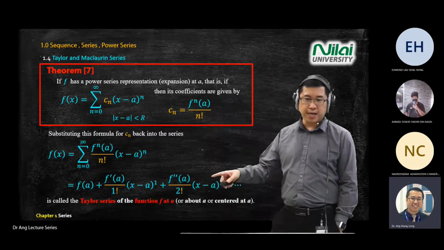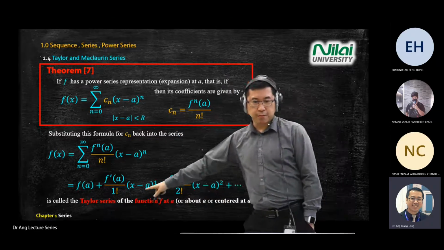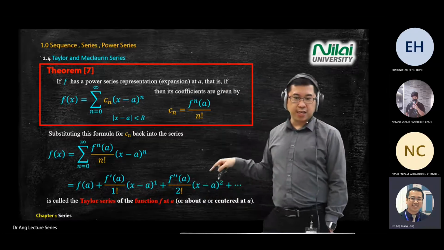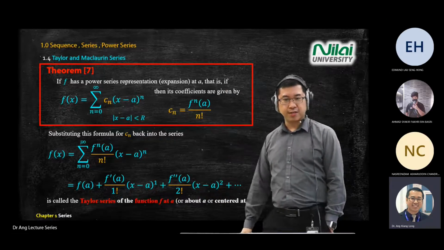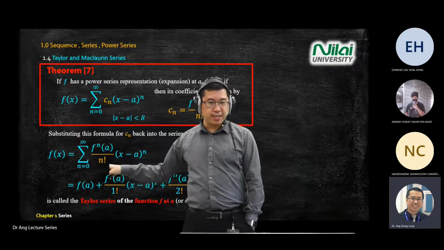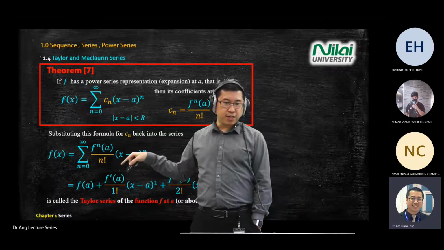So at diploma level, we just introduce you to this pattern. At least you have seen this pattern before, and you know this is called the Taylor series. Taylor series deals with functions and with differentiation.